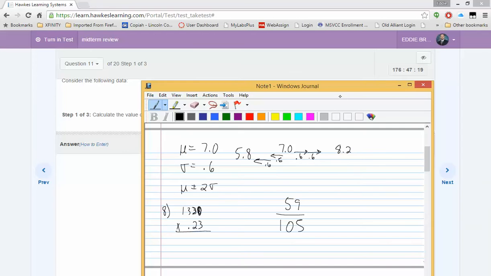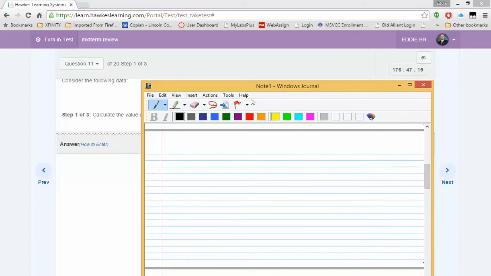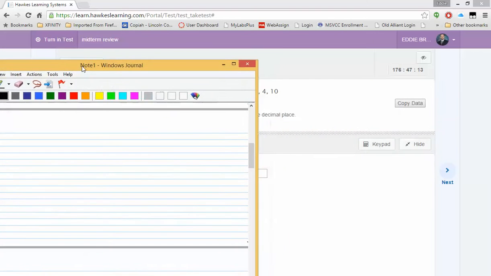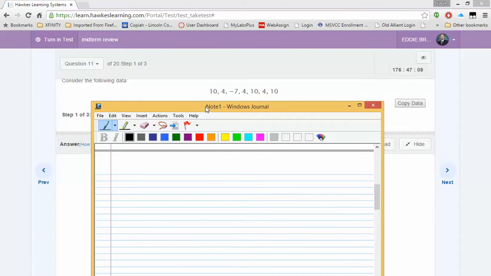So let's go through this really quick. There's a couple of ways to find variance, and I'm just going to do this the way that the book does it. So maybe somebody has showed you something different. But the way that I like to do this, you need to find the mean of the set of data.